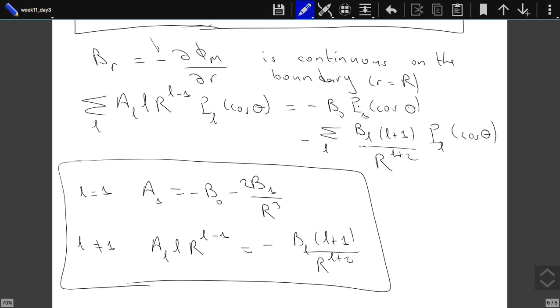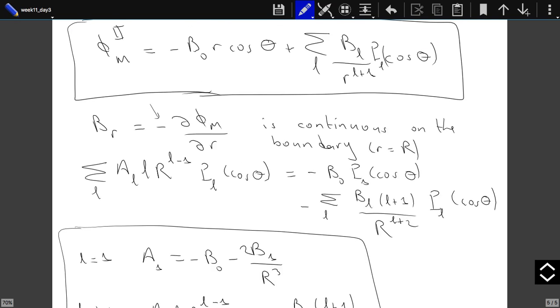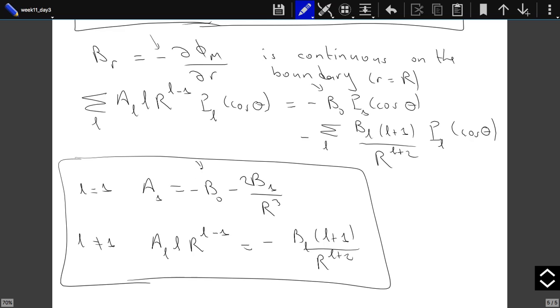The coefficient of P1 has a different structure than the coefficient of other P_L because of that first term, B0 P1. This term only contributes to the coefficient of P1. That is why I only have minus B0 for L equal to 1, which is the coefficient of P1, but I don't have that term for other L.